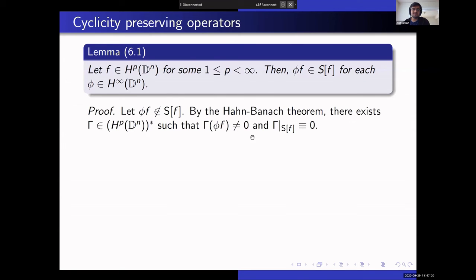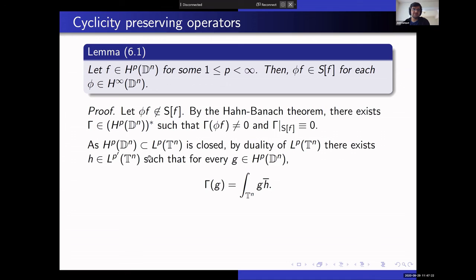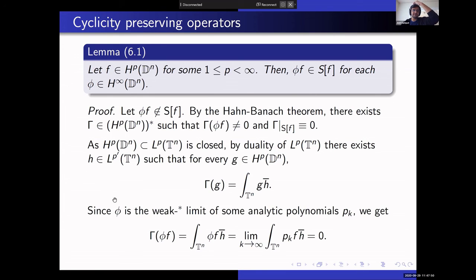And that is kind of neat, and it uses a Hahn-Banach separation argument. Then you regard H^p as a subspace of L^p, and you can extend this function gamma to all of L^p. And by duality of L^p, you can get at least one function h. I'm not worrying about the exact place where h lives, but I can get one function h such that for every g in H^p or even L^p, I get this relation, where h belongs to L^p prime, p prime being the conjugate exponent.